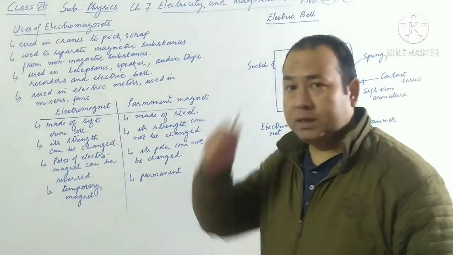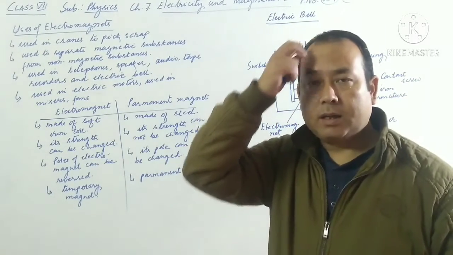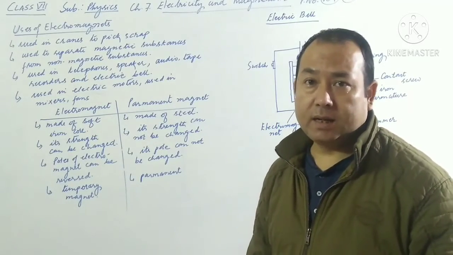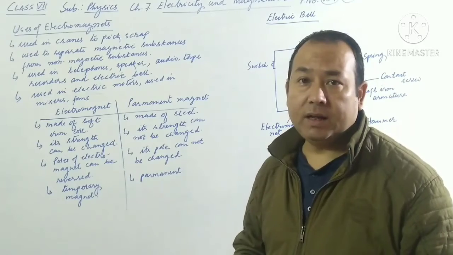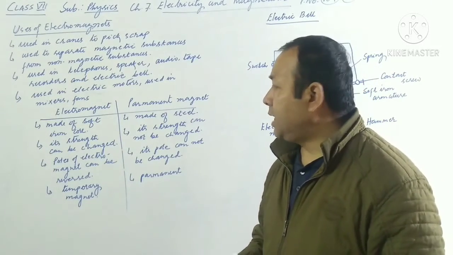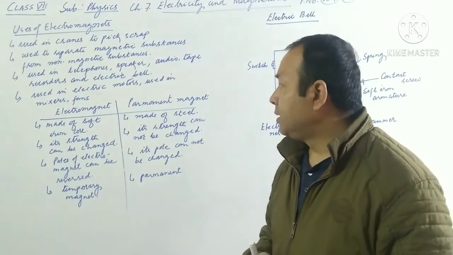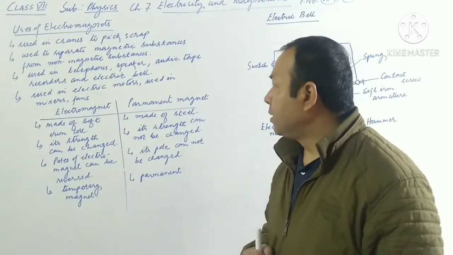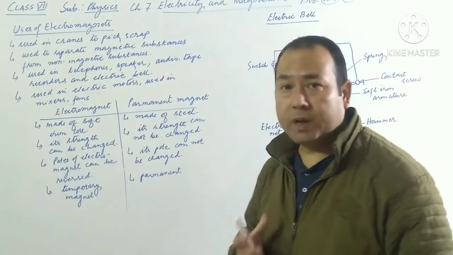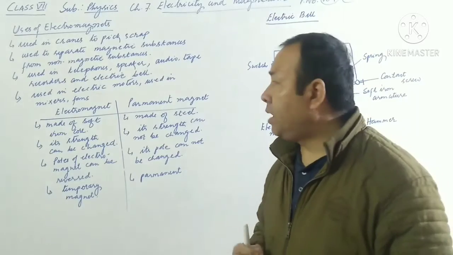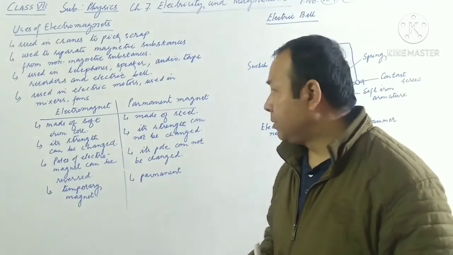It is based on the fact that when a current carrying conductor is placed in a magnetic field, it starts moving. So on this fact, the electric motor usually works. To produce the magnetic field in this case, electromagnets are mostly used.